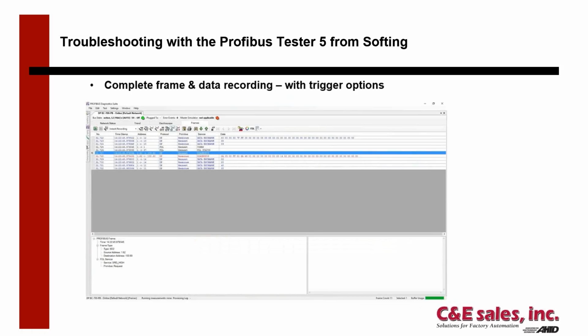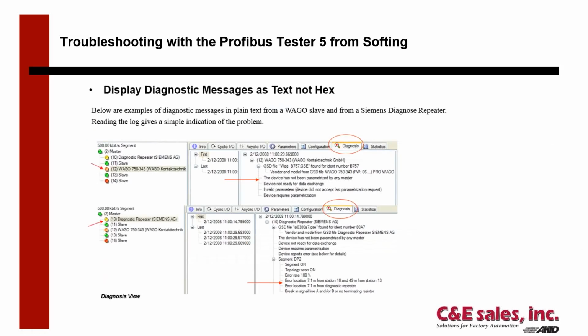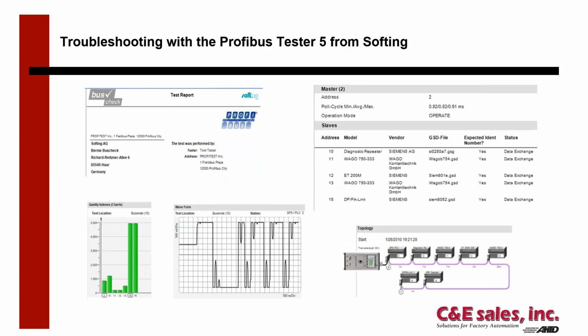Now, if you're not into reading hex, what's cool about this tool is that it will display your diagnostic messages in a text format, so you don't have to read the hex. It'll decipher the hex for you. That's really nice. And finally, this tool allows you to generate a very nice test report, which is a good summary of your signal strengths, your topology, how things look.